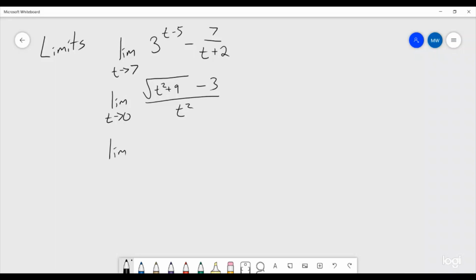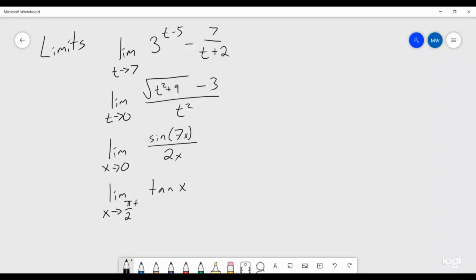Actually, this next one is x: limit as x goes to 0 of sine of 7x divided by 2x. And then we have the limit as x goes to pi halves from the right of tangent of x. Okay, go ahead, figure out all 4 of these limits.